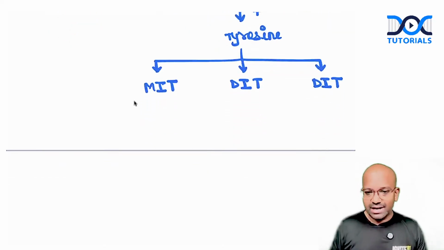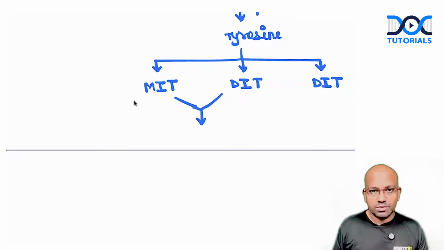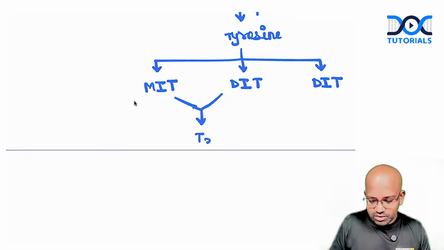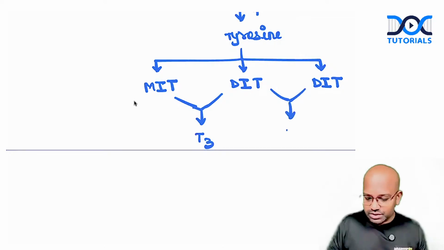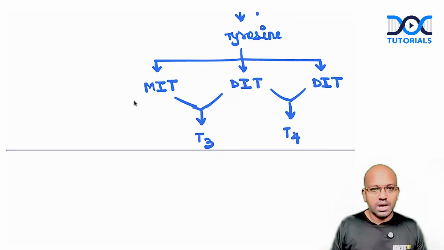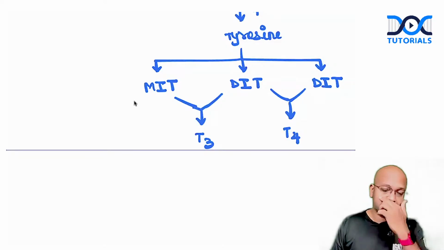So MIT, DIT, and DIT. Of course, we know, guys, monoiodotyrosine and diiodotyrosine, 1 plus 2 is 3, which produce T3. Whereas DIT and DIT, diiodotyrosine and diiodotyrosine together, will form T4. So T3 and T4 are going to be formed, all of which is happening inside the follicular cells.